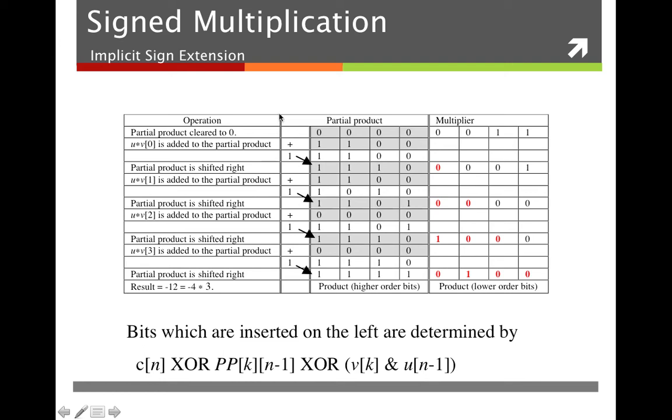So 0 carry coming with a 1 and a 0 here for the sign extension of the extended U multiplied or ended with V2. That means iteration number 3. This is like K equals 0, K equals 1, K equals 2, K equals 3. This is how we go about doing this computation. So this expression basically is going to compute for us these bits that we need to have.